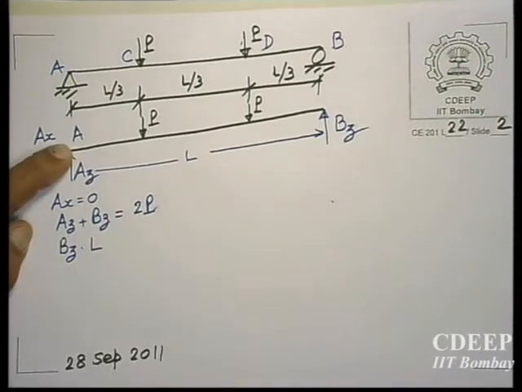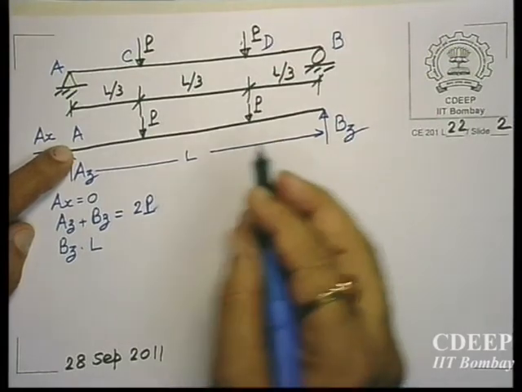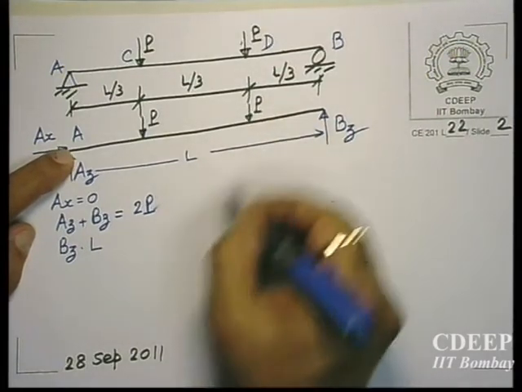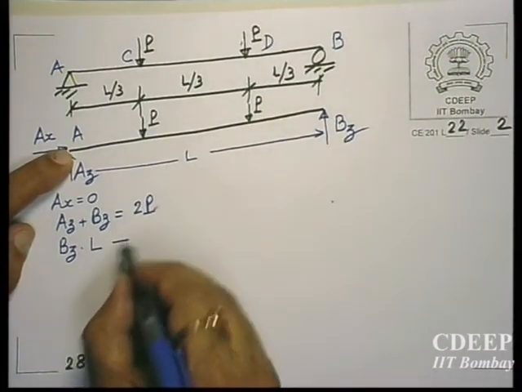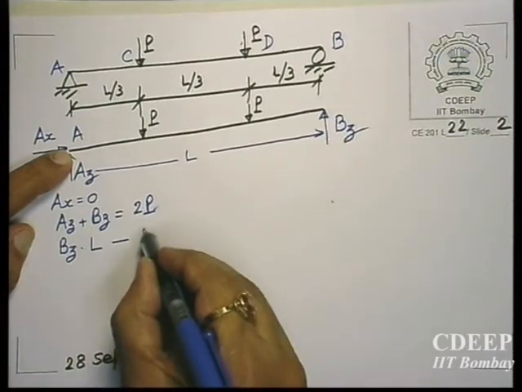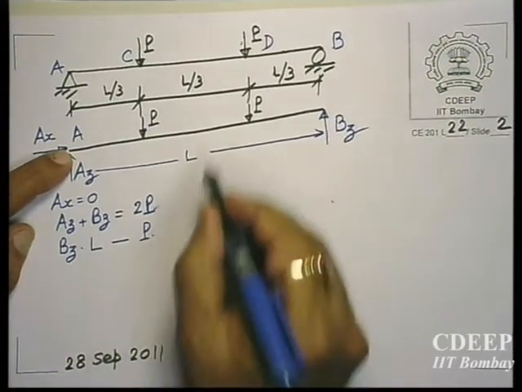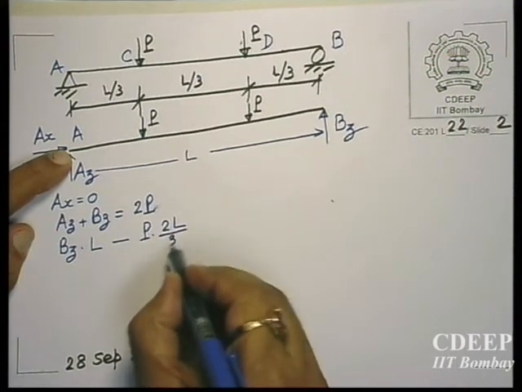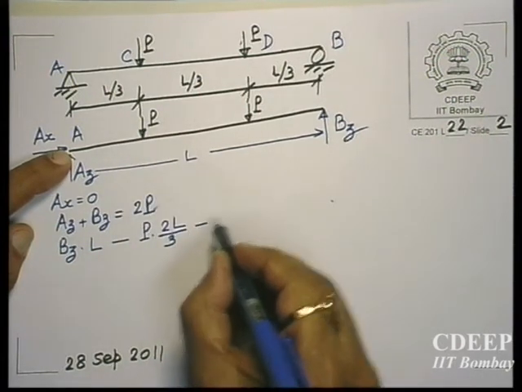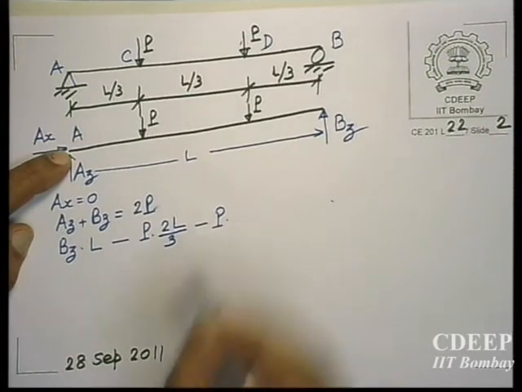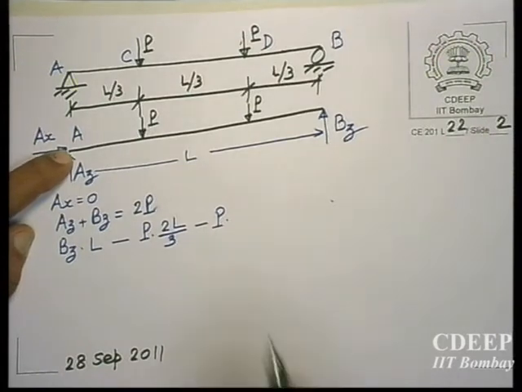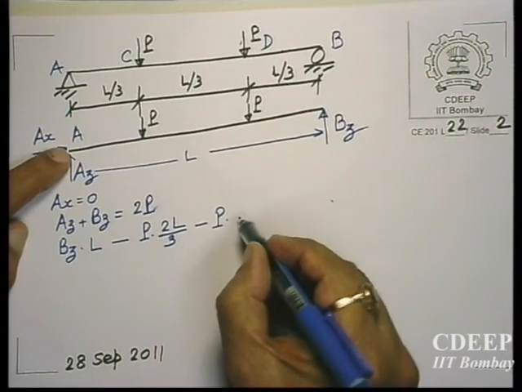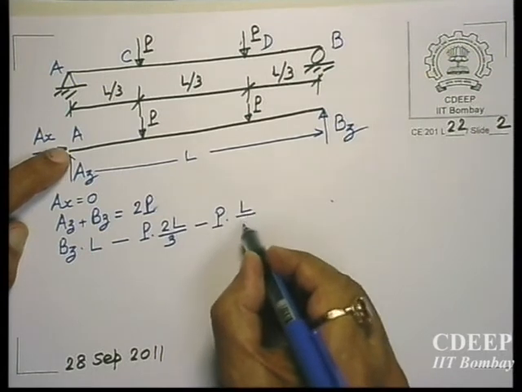So BZ into L anti-clockwise, then P will produce a moment, so it will be clockwise. P's distance is 2L by 3. Again this other P will also produce a clockwise moment, and its distance from A is L by 3.